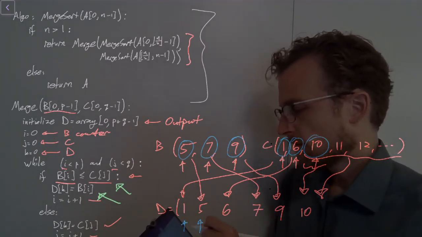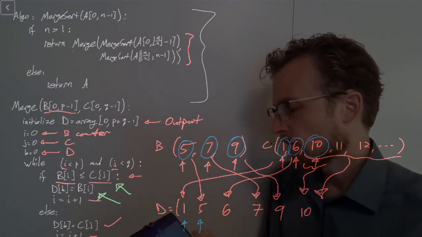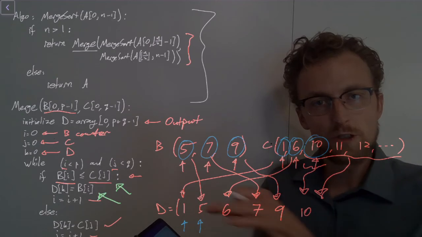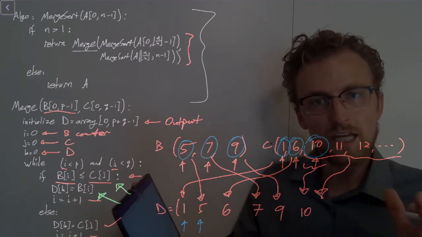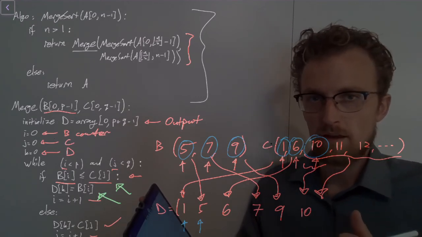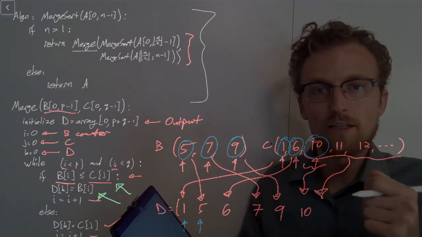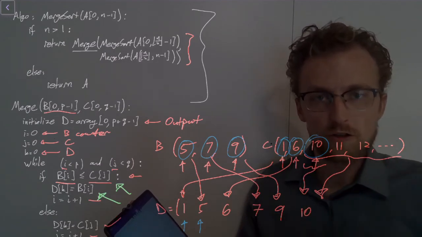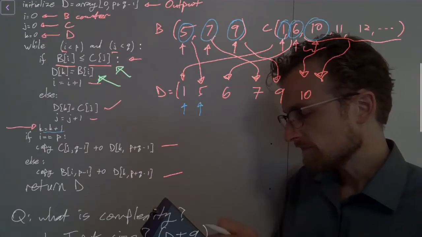So if I'm trying to sort an array of size n, and I call merge on the two halves of that length n array, then the total length of the output from merge is just n. So every time merge is executed, the merge function runs at most n steps.